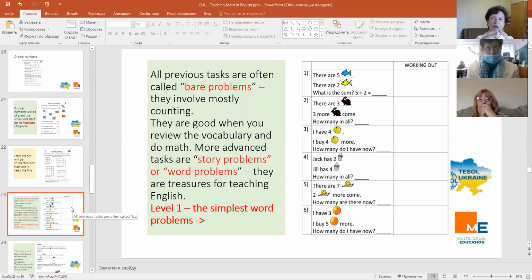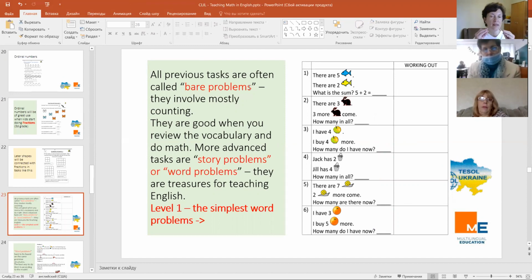And probably if you want to start a math program for your students of English, you probably won't do lots of bare problems, because the problems I showed you before are called bare problems.